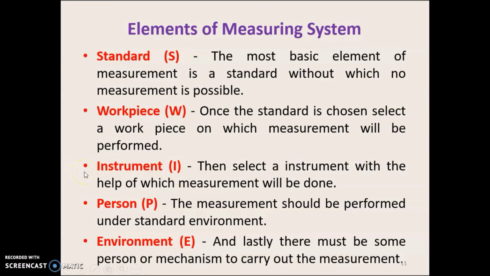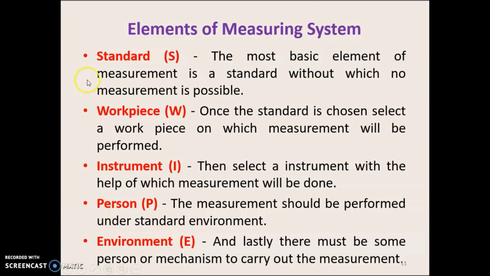We can use a ruler for measuring the length, we can use a vernier caliper, we can use several other instruments for measuring the same length, correct? Which instrument we use for a particular application is the challenge. This challenge is again based on the accuracy we need and the application. So this instrument is the third element.